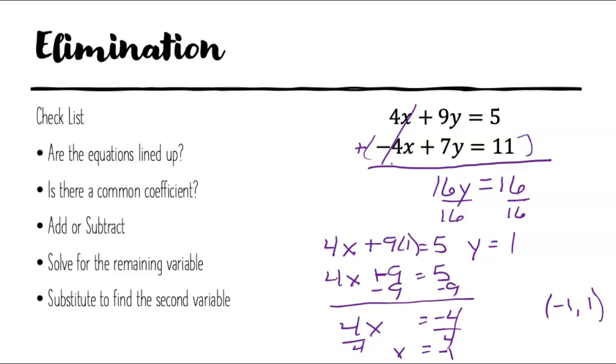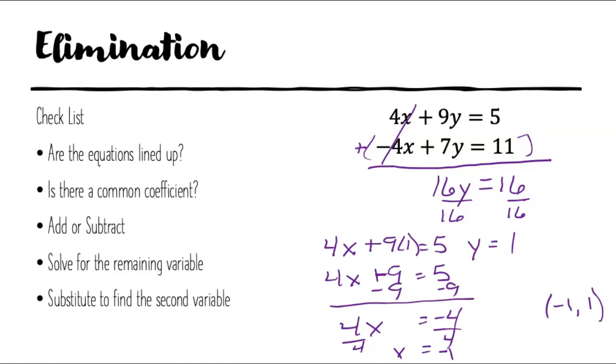And then I would do the same here. I have negative 4 times negative 1, which would be a positive 4, plus 7 times 1, which is 7. Positive 4 plus 7 equals 11. I can prove I'm right before I move on. So if you're working through these and you think, oh, I think I got it, go check. That way you make sure you're not making any silly mistakes.